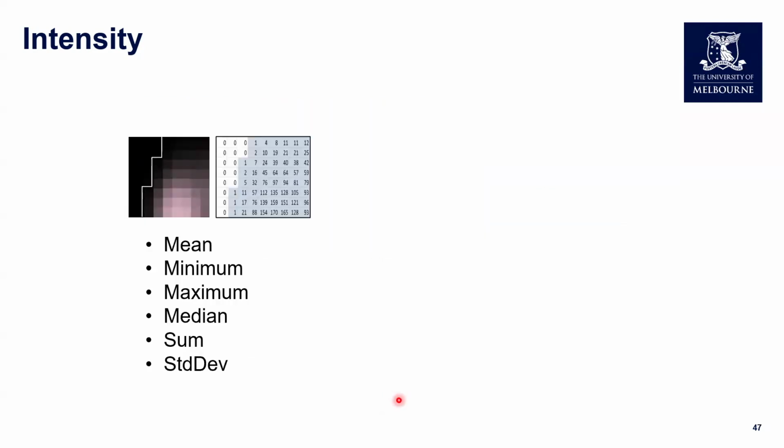Apart from measuring the mean intensity, we can also measure other intensity features such as the minimum, maximum, median, sum, and standard deviation. These quantifiers can be useful for measuring different features.